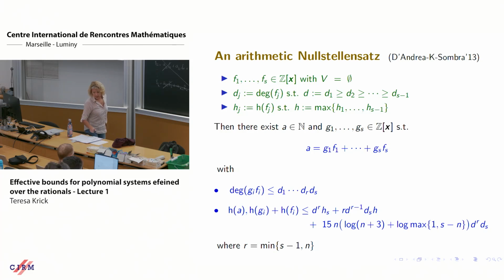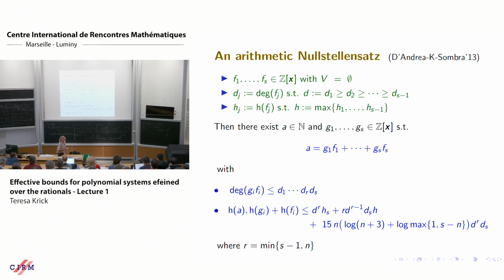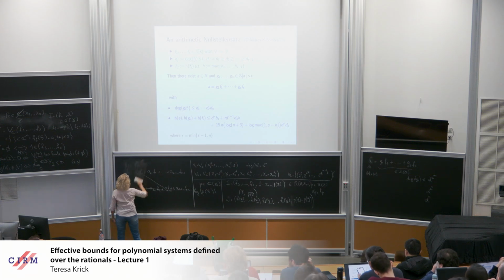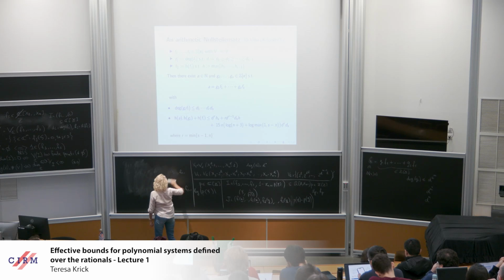And once again, I would like to convince you that these bounds are quite sharp. So we cannot expect really better than this. And let me give a little example.